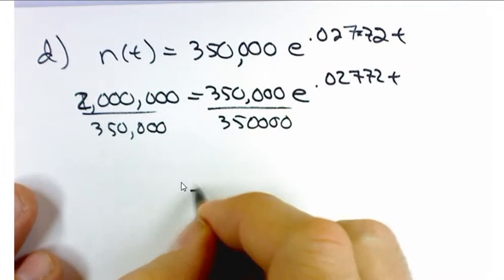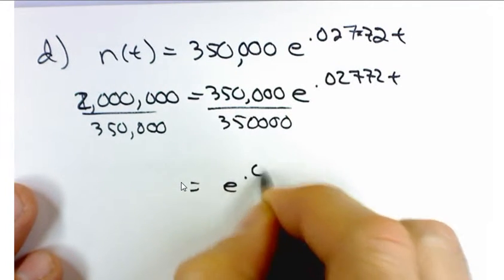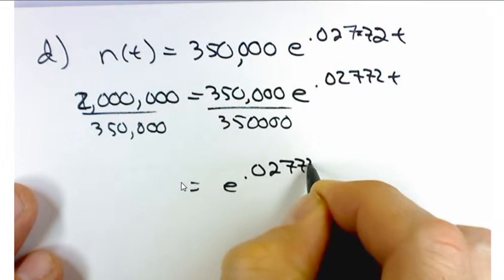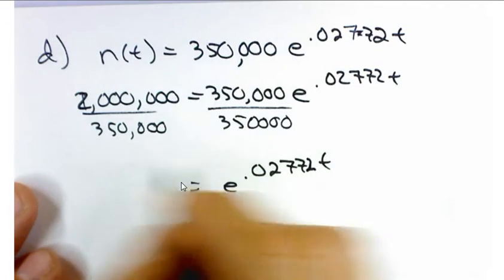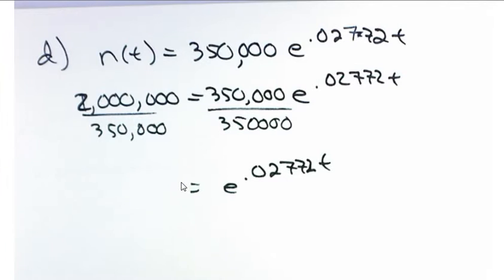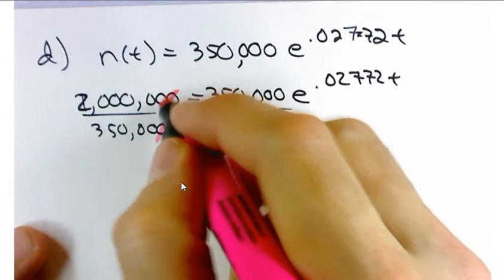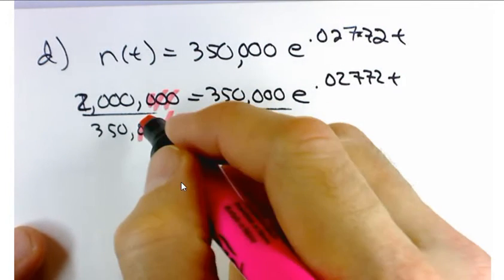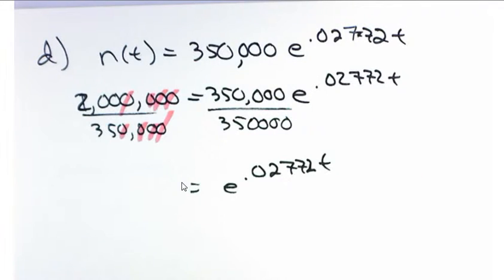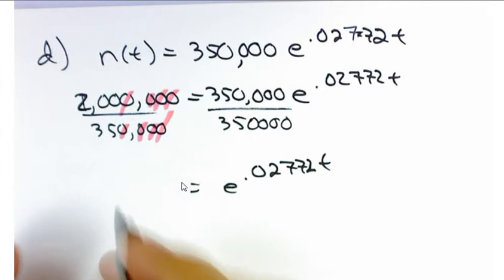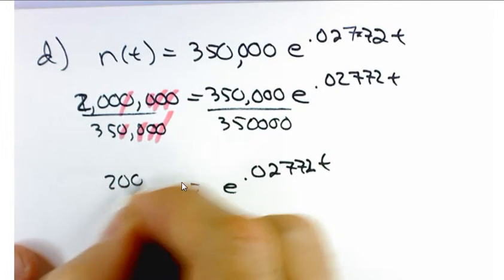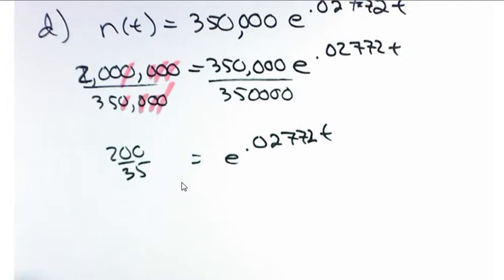On the left-hand side, let's do ourselves a little bit of a favor and cancel out a bunch of zeros. So you're really left with 200 divided by 35. What you're doing when you cancel out a zero is dividing both the numerator and denominator by 10. So I just made my life a little bit easier.